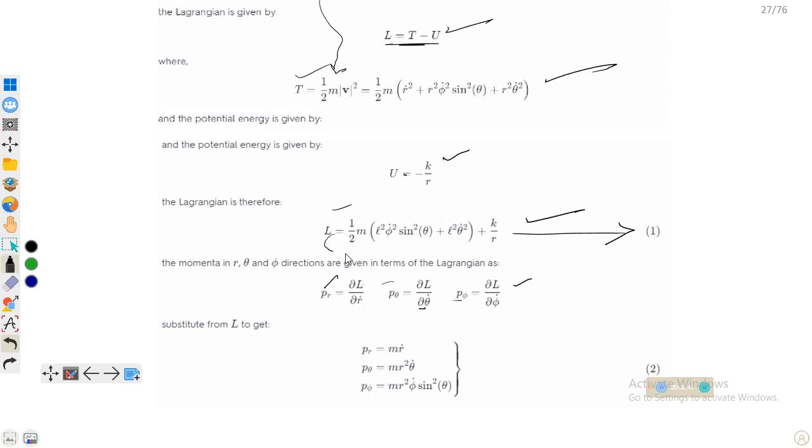By plugging the Lagrangian into these expressions one by one and taking the derivatives, this will give us pr, p theta and p phi. So we can find the value of r dot from this, theta dot from this, and phi dot from this. Then we will use this in the next step.